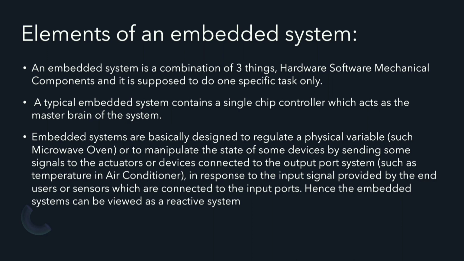Embedded systems are basically designed to regulate a physical variable such as in a microwave oven, or to manipulate the state of some devices by sending some signals to the actuators or devices connected to the output port system, such as temperature in an air conditioner. This is in response to the input signal provided by the end users or sensors which are connected to the input ports. Hence, the embedded systems can be viewed as a reactive system.